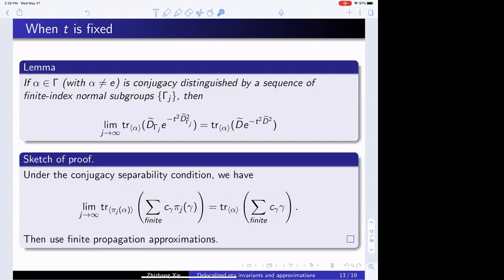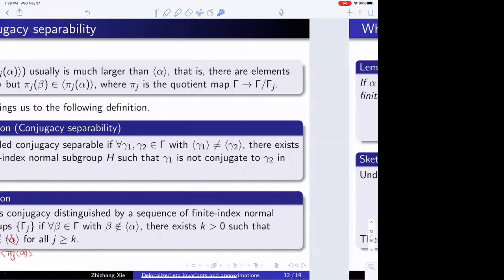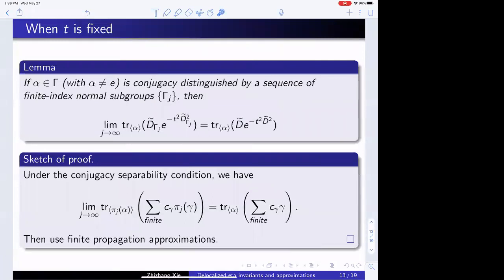Now, of course, the heat kernel times D is not finite propagation, but it can be approximated very well by finite propagation ones. So the lemma follows. This is not a very difficult lemma; of course there's some work to do. So when t is fixed, there's no issue with the convergence of this limit.